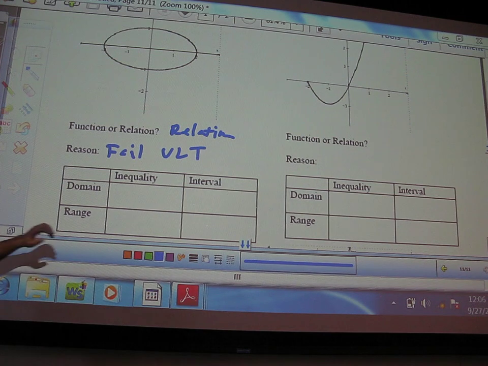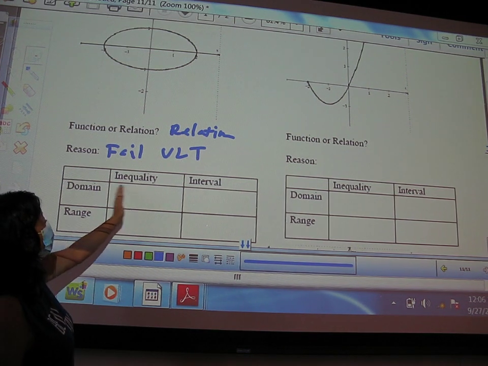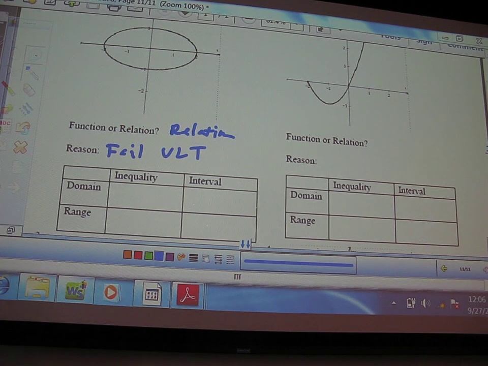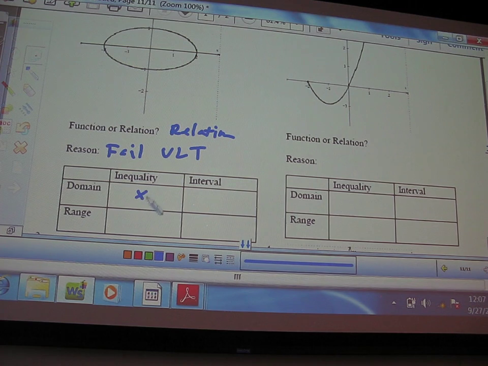So the inequality, you have to say what x is between. It's greater than, what's the smallest this ever gets to be? -2. Can it equal -2? Yes. So it's going to be greater than or equal to -2.